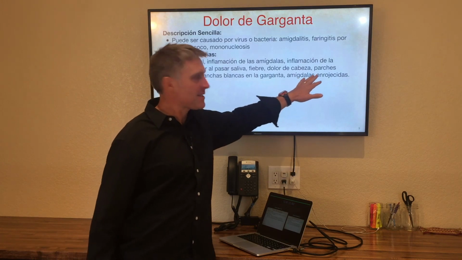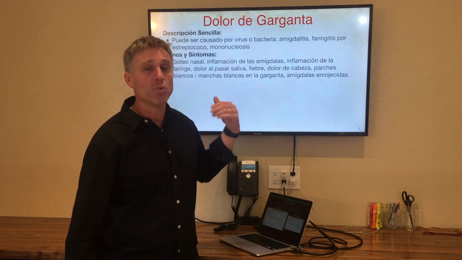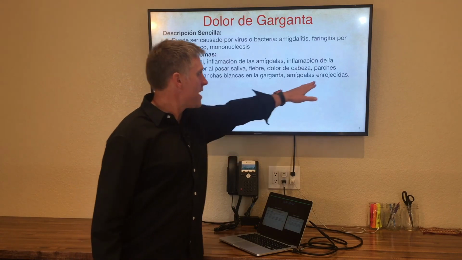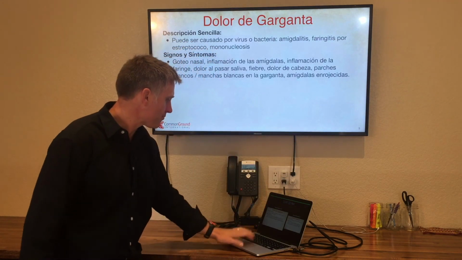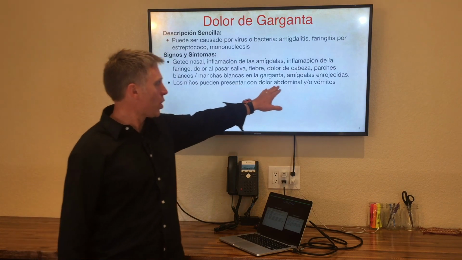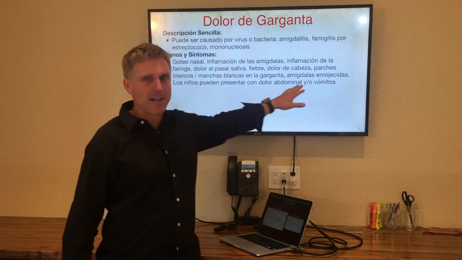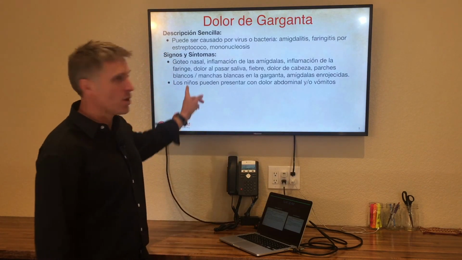Y amígdalas enrojecidas. What are amígdalas again? Tonsils. So red tonsils. See, enrojecidas, red. Los niños pueden presentar con dolor abdominal y o vómitos. So stomach pain and vomiting, ¿verdad? En los niños.